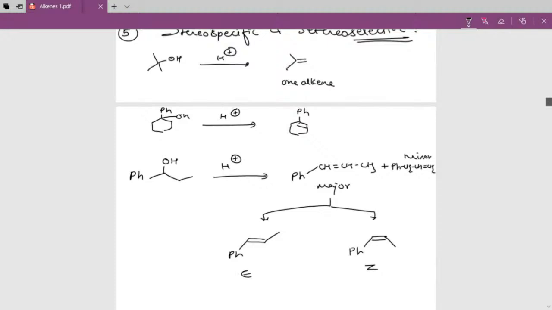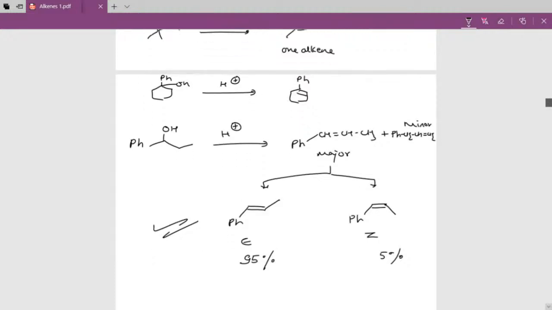Amongst these two, please make a note in your brain, this one is almost 95% that we obtain. This is hardly 5%. So see, regio wise they are both same, but one particular stereoisomer is obtained almost exclusively. 95% is almost exclusive. Okay, so this type of stereoselectivity is certainly observed.